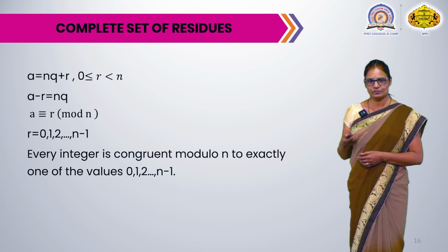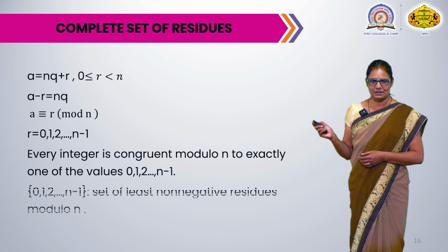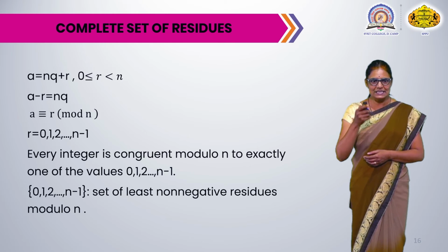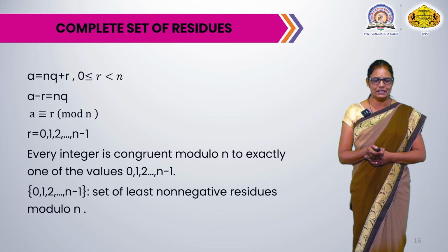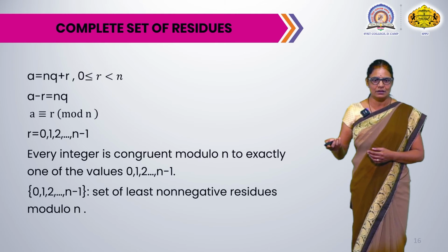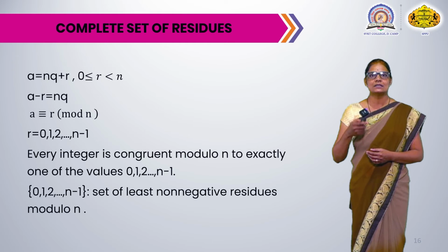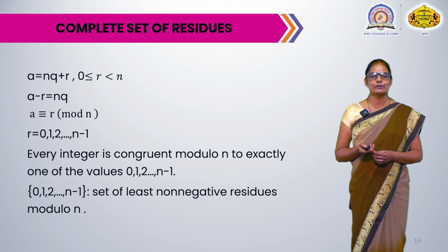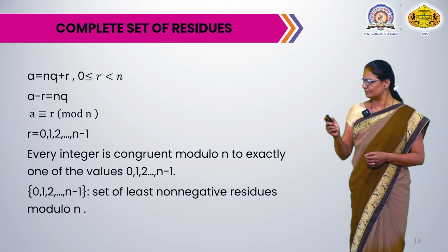This is our result. In this case, this set of n integers, 0, 1, 2, up to n minus 1, is called the set of least non-negative residues modulo n.